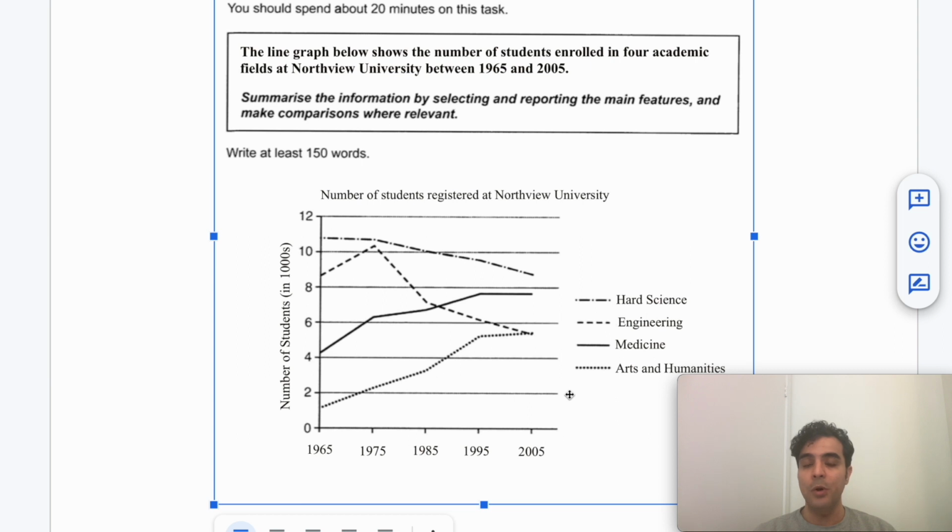So some students were in the engineering majors, some were studying medicine, arts and humanities, and the hard sciences. And the line graph shows how the number of students in each of these different types of courses has changed over time. Right? So for example, we can see here that the number of students in the hard sciences fell from over 10,000 to just over 8,000 students from 1965 to 2005.